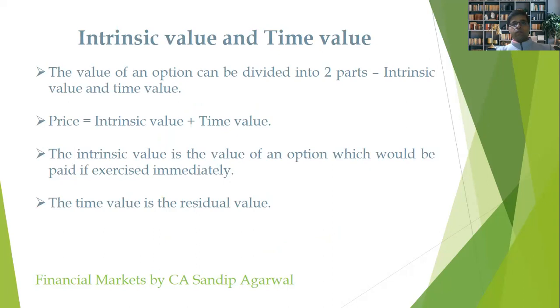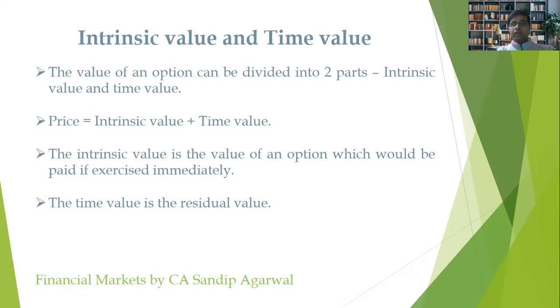Now, the value of an option, which is derived from the underlying instrument, has basically two parts. One is intrinsic value and another is time value. The price of an option is a summation of intrinsic value plus the time value. The intrinsic value is the value of an option which would be paid to you if you exercised it immediately. Like the example in part 1 of the basic options video, say the Nifty futures is trading at 18,000 and you have bought a call option of 17,800.